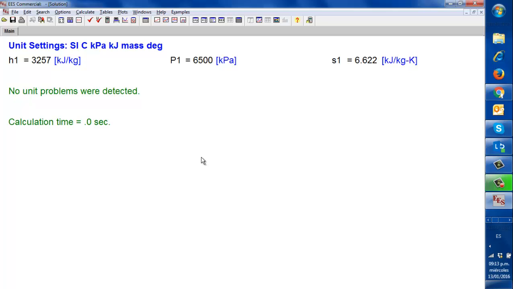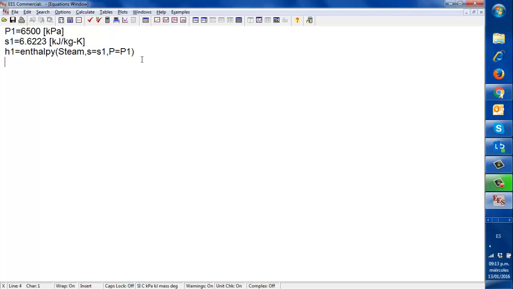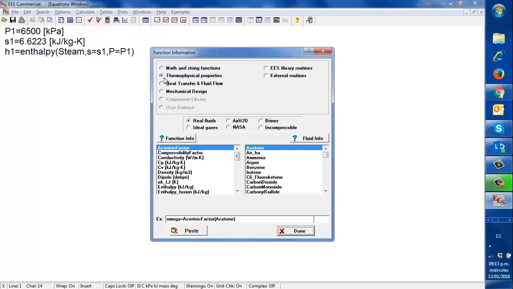But you may be thinking, well, how do I remember all those numbers, all those things? I don't have to remember. I have it in this tab, function info. So okay, I would like to have the thermophysical property of a real gas, and that real gas is steam.